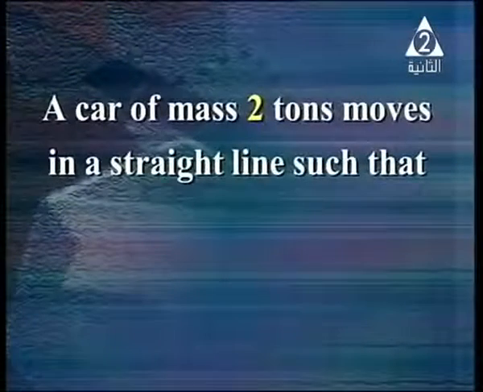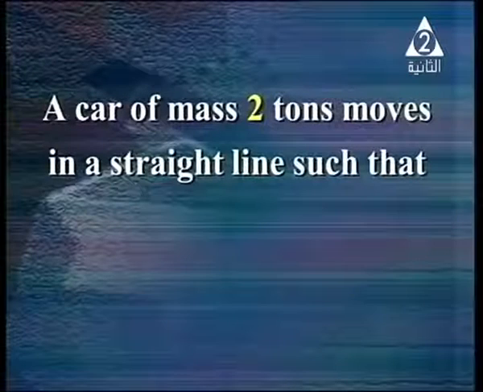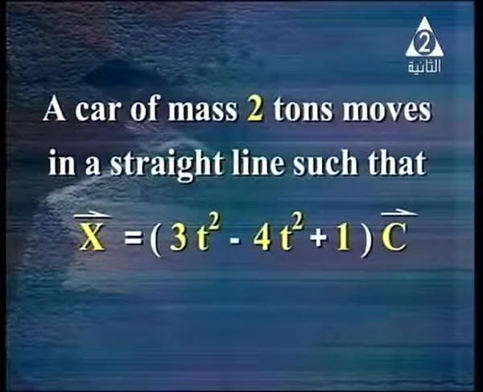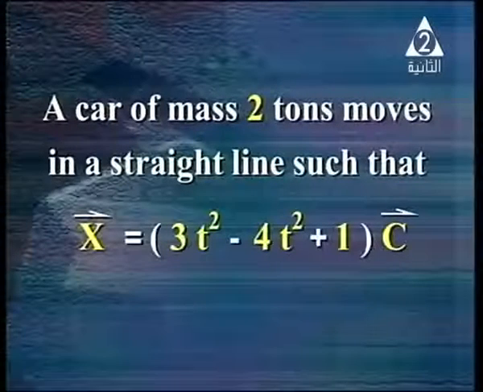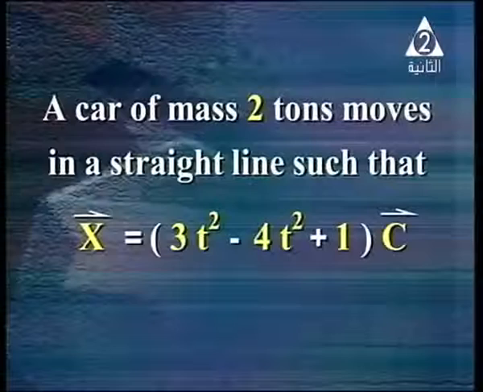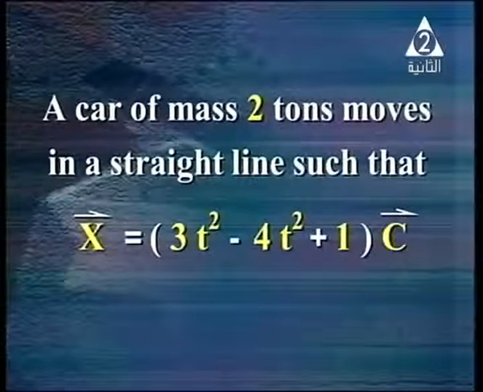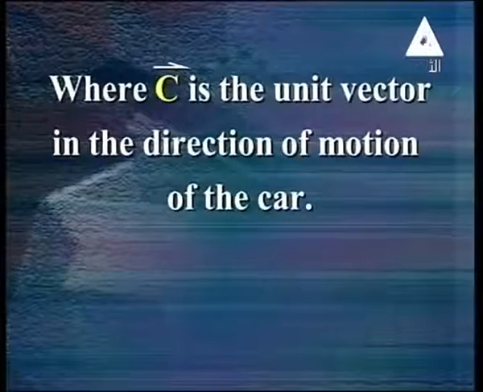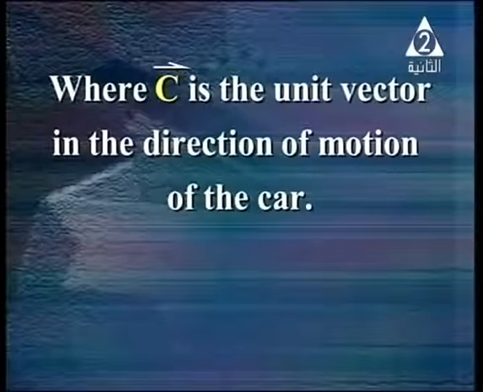Another example, dear student: a car of mass 2 tons moves in a straight line such that its equation is x vector = 3t squared minus 4t plus 1 in unit vector c, where c is the unit vector in the direction of motion of the car.